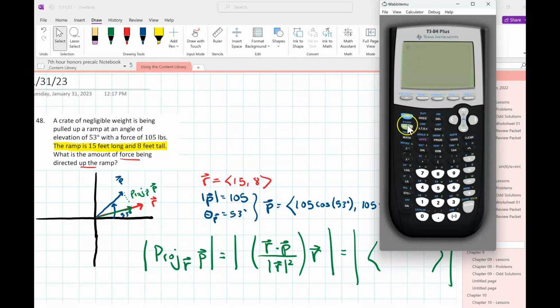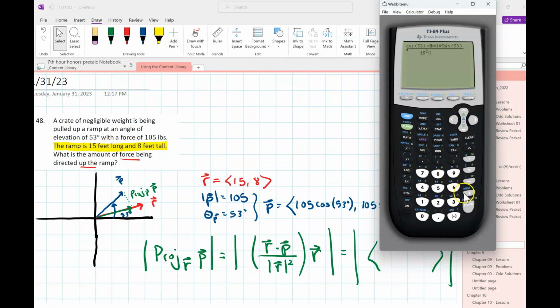So I'm going to start with the fraction. R dot P is going to be 15, that's the x component of R, times 105 cosine 53, that's the x component for P, plus 8 times, that's the y component from R, 105 sine 53, that's the y component from P, divided by the magnitude of R squared, which would be the square root of 15 squared plus 8 squared, squared.